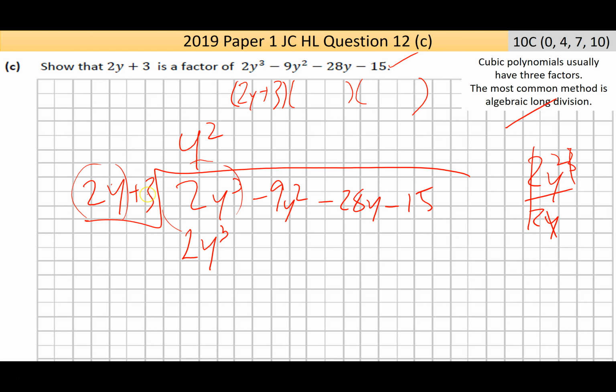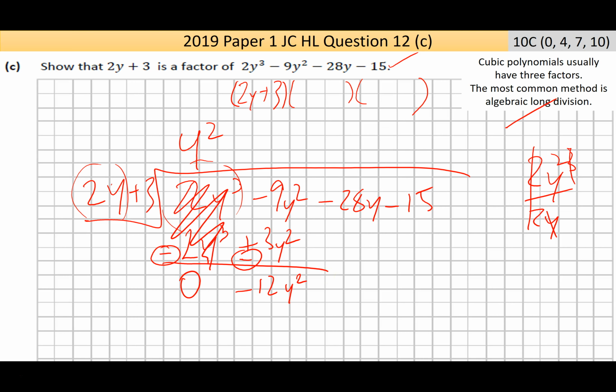And you're multiplying the second term here, the 3 by the y squared, to get plus 3y squared. Then you have to combine those terms, so you have to change the sign here. Now 2y to the power of 3, take away 2y to the power of 3 is cancelled. So it's 0. Minus 9y squared minus 3y squared is minus 12y squared.